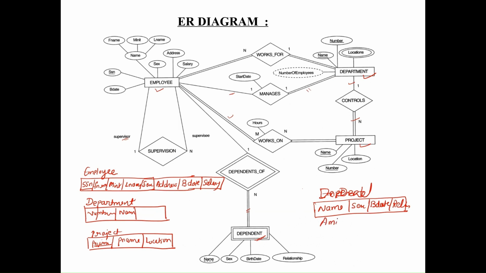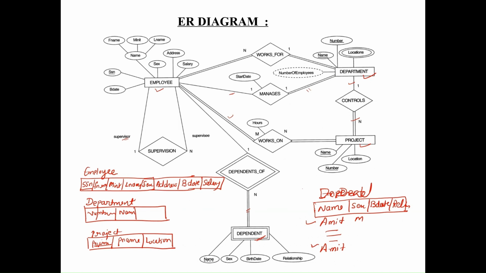If I say that Amit is a boy, and his relationship is son for a particular employee, or his father who is dependent on a particular employee, the dependent can be anyone. Then we cannot specify that Amit is not again there for another employee's dependent, so we cannot differentiate which dependent belongs to which employee.